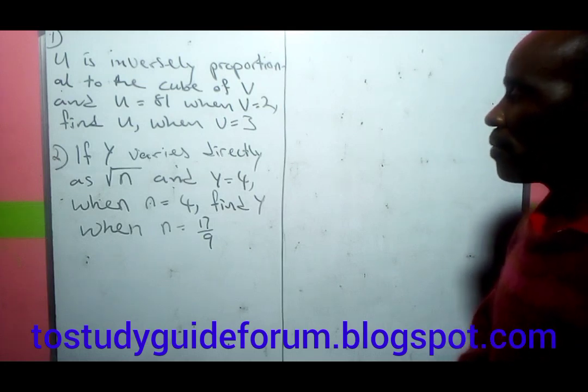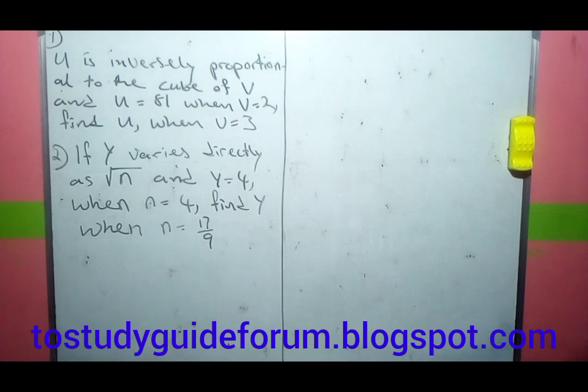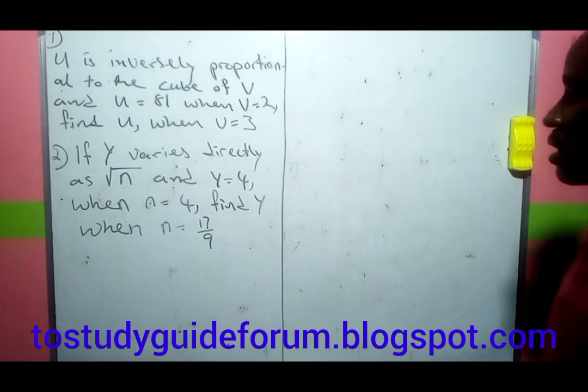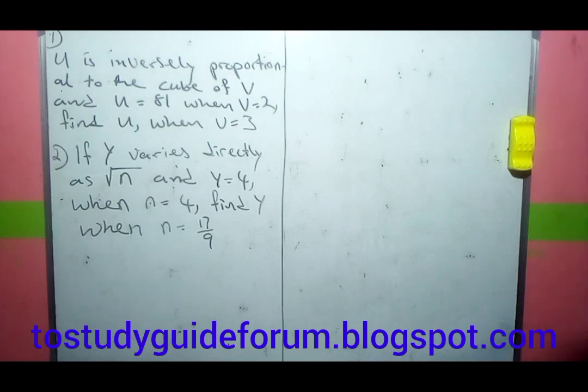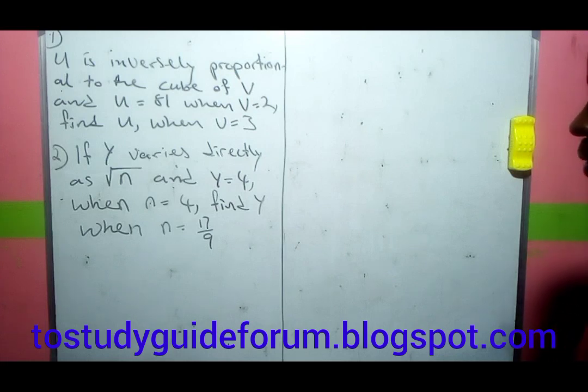Find U when V is 3. The second one says that if Y varies directly as the square root of n, and Y is 4 when n is 4, find Y when n is 17/9.